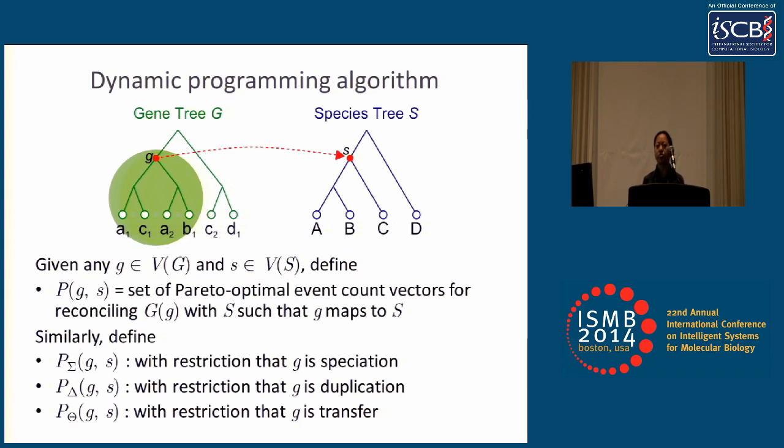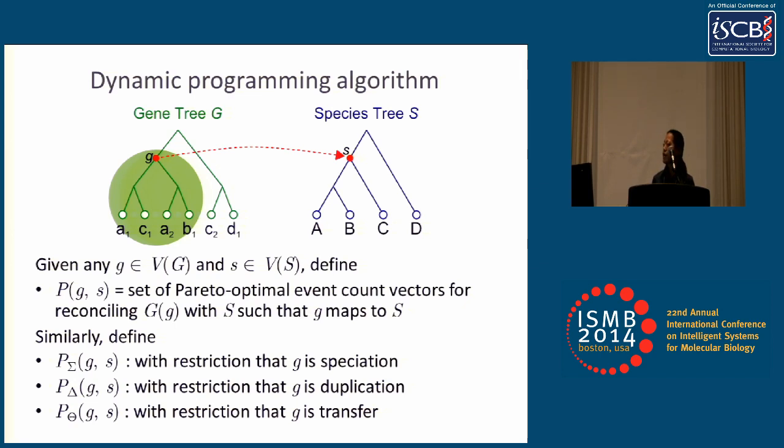For sake of time, I'm just going to give a brief sketch of the algorithm, but the full details are, of course, provided in the paper. So in my dynamic programming algorithm, I'm going to consider each gene node in the gene tree in post-order traversal and each species node in the species tree.